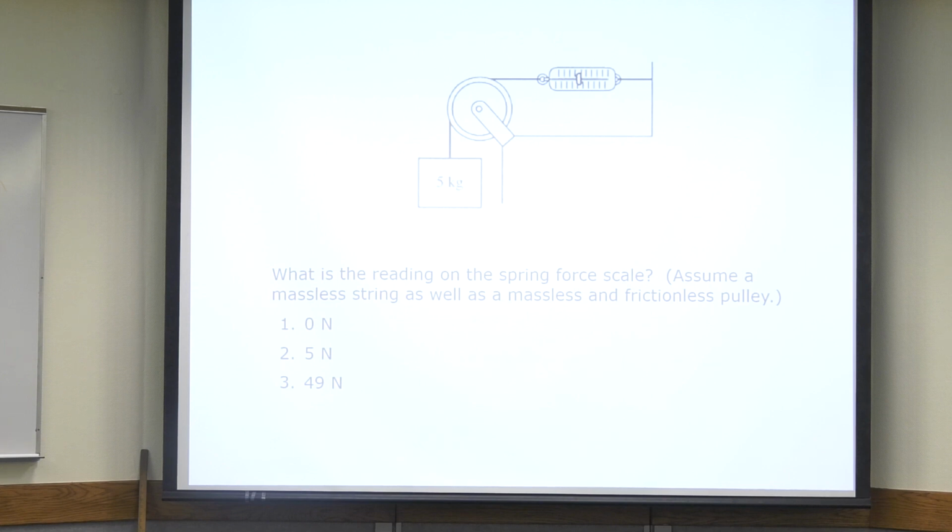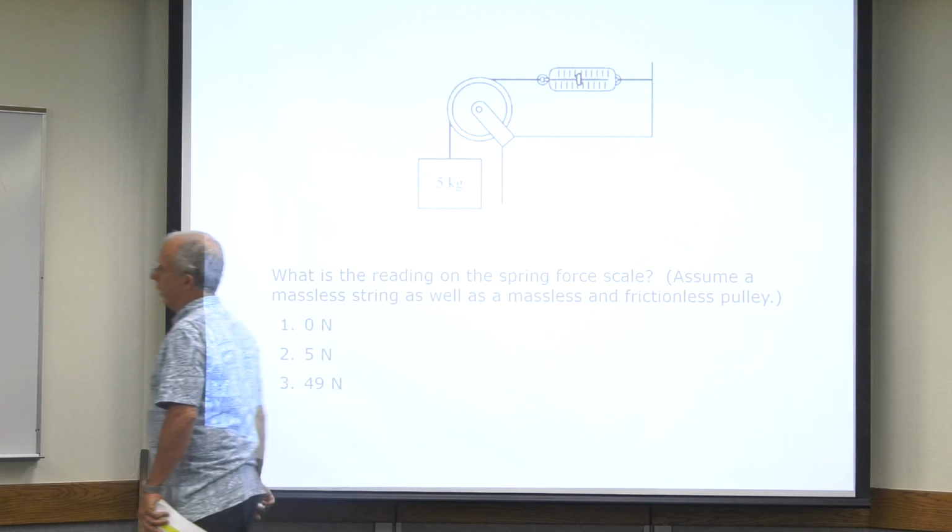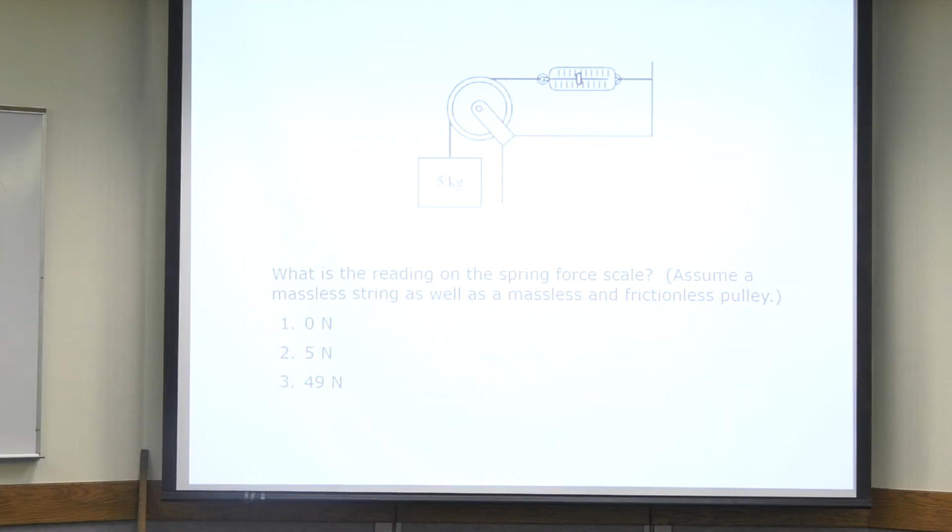So what's the force? The force is the weight of the block, which is mg, which is 5 kilograms times 9.8 meters per second squared. And guess what that is? 49 newtons.